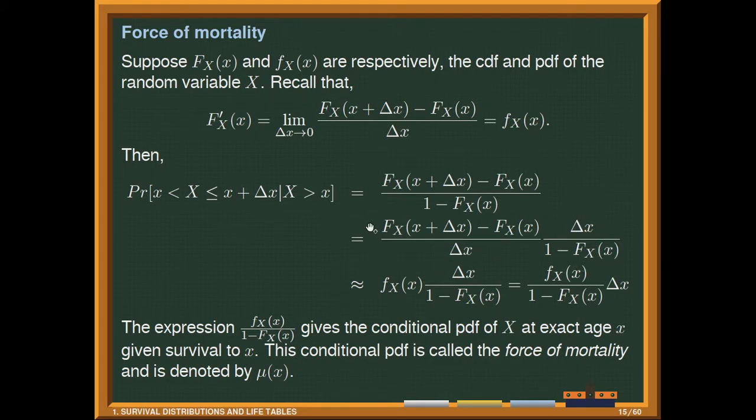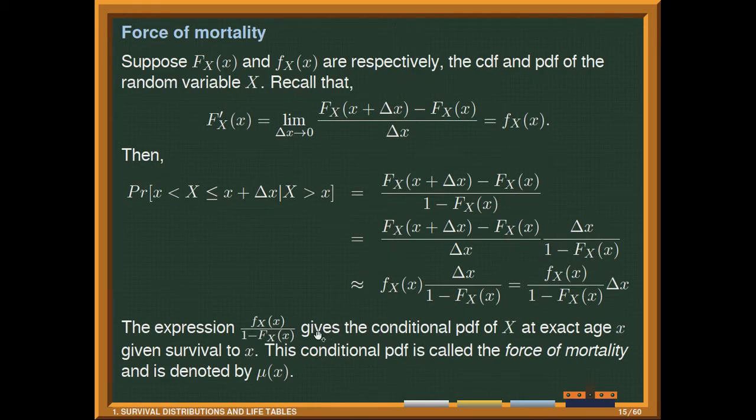Okay? And then we know that if we take the limit as delta x approaches 0, this expression is approximately equal to the following expression: the PDF of x times delta x all over 1 minus the CDF of x evaluated at small x. And this could be written out this way.